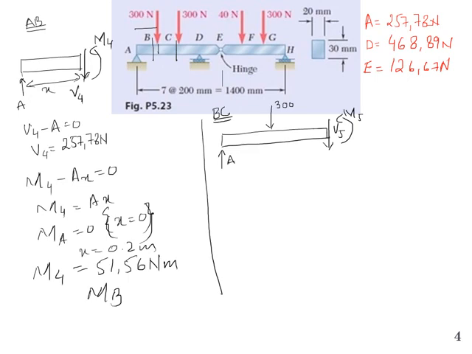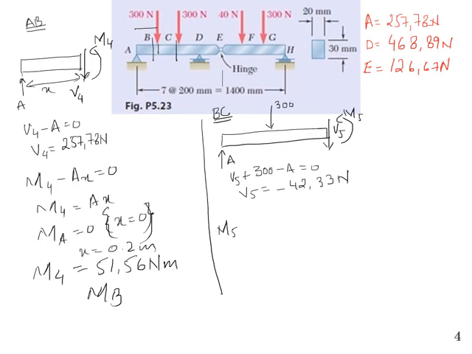Okay, now let's write the expression for shear force. So V5 plus 300 minus A is equal to 0, and we put the value of A in this expression, so V5 will simply be minus 42.33 Newton. Now for the moment, let me write M5.